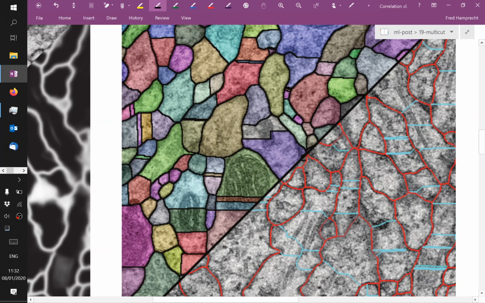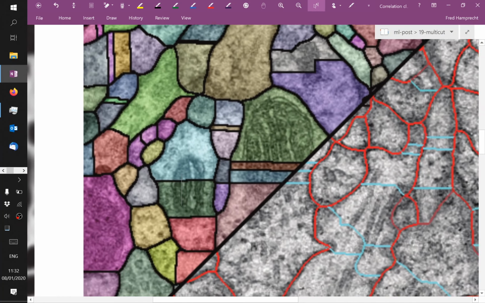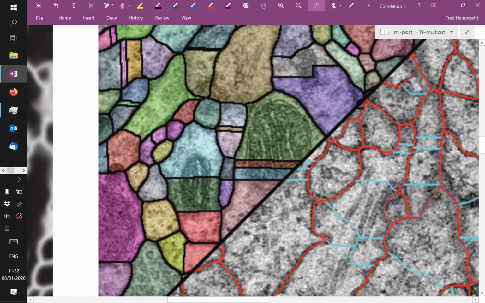So given these superpixels, we have a classifier that looks at each pair of adjacent superpixels. Again, these are the nodes here in our graph. And then I'm going to draw the edges.